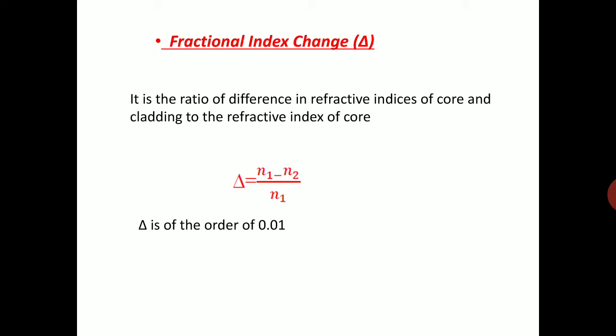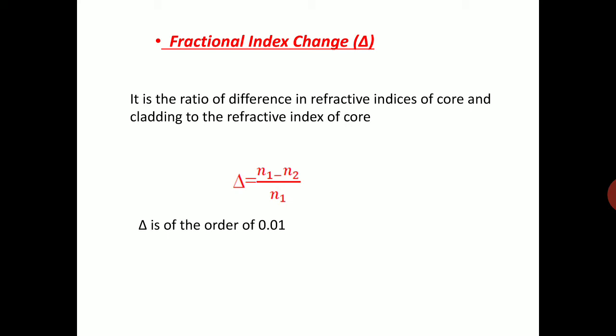And the value of delta is of the order of 0.01. Somewhere it's even less. So what we come to know from this is that the refractive indices of core and cladding, that is n1 and n2, are very close to each other, of the order of, as I said, 0.01.